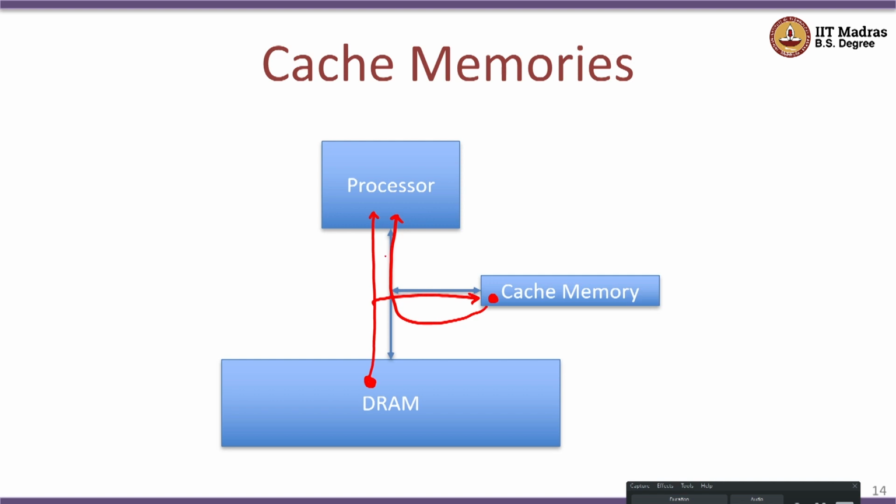The path taken when the data is present in the cache is typically called a cache hit. However, if the processor has to go all the way to the main memory or the DRAM to fetch the data, then it is a cache miss. So, typically the time taken for the cache hit is considerably lesser than the time taken for a cache miss.